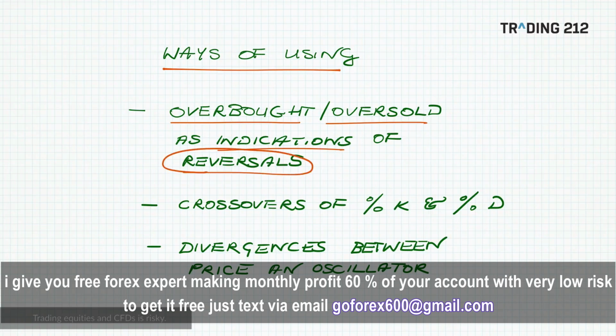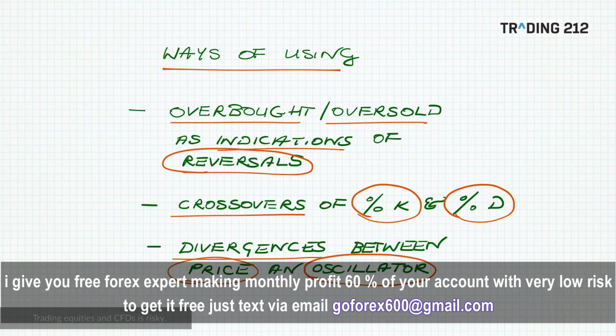Another way is to look for crossovers of percentage K and percentage D and use those as trading signals. So if you have percentage K crossing below percentage D, then you would sell. If you have percentage K crossing above percentage D, then you buy. And then finally, divergences between price and oscillator. So in the previous video, we looked at divergences with price and the RSI, and basically it would be the same concept here. So worth checking out that video to learn a bit more about divergence and oscillators.